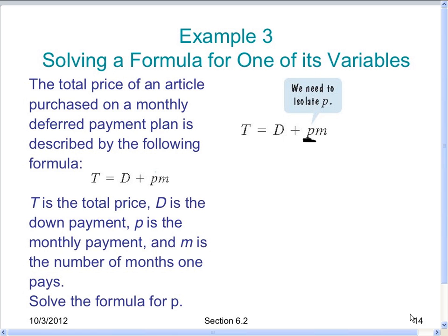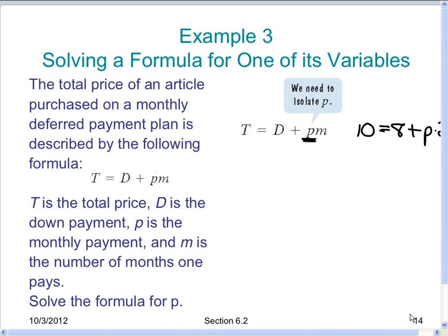That's the letter I have to get by itself. You're going to do exactly the same process as if you had numbers here. So let's suppose you have, I don't know, 10 is equal to 8 plus p times 2, whatever.